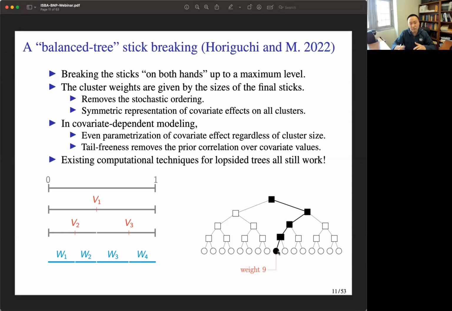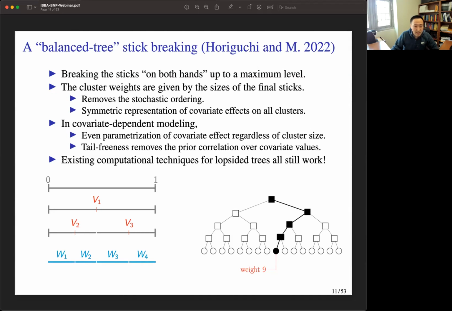But we can see that for a lot of clusters, you're going to be using fewer parameters to characterize the covariate effect. And we'll see that with tail-freeness, if you specify the stick-break random variables independently across the levels, then that will also remove the cross-covariate prior correlation that was noted earlier by Abel and David in their paper.